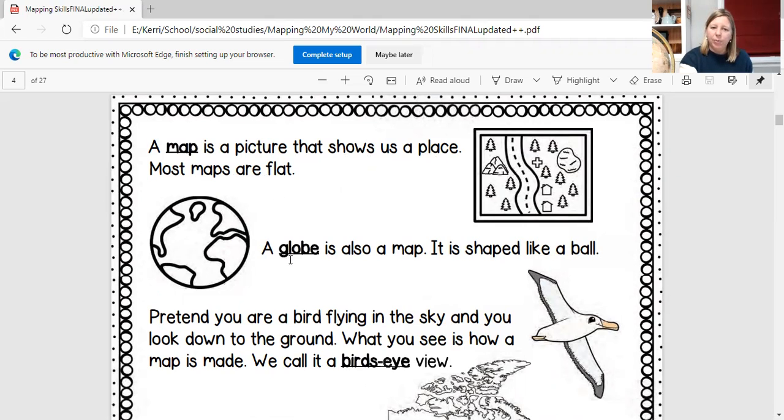A globe is also a map. It is shaped like a ball. Pretend you are a bird flying in the sky and you look down to the ground. What you see is how a map is made. We call it a bird's eye view.